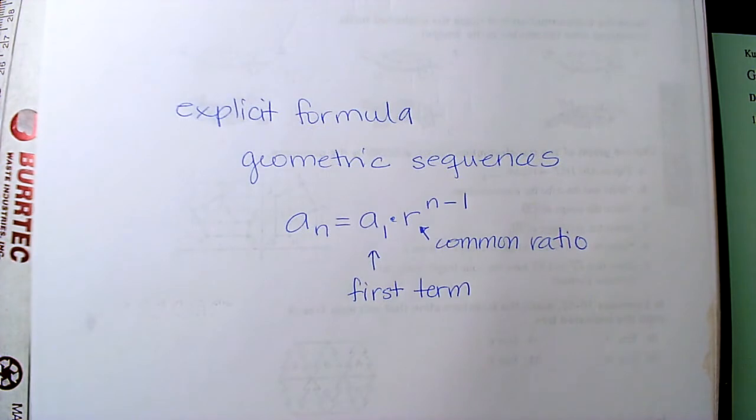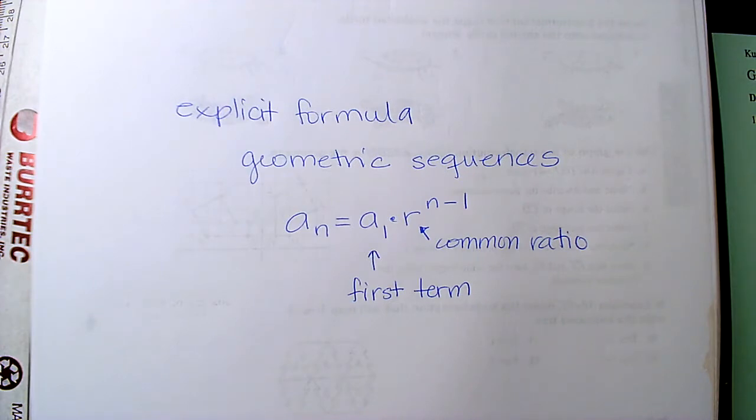Okay, explicit formula for geometric sequences. So just like you had one for arithmetic, remember it was A1 plus, and then parentheses n minus 1 times d.